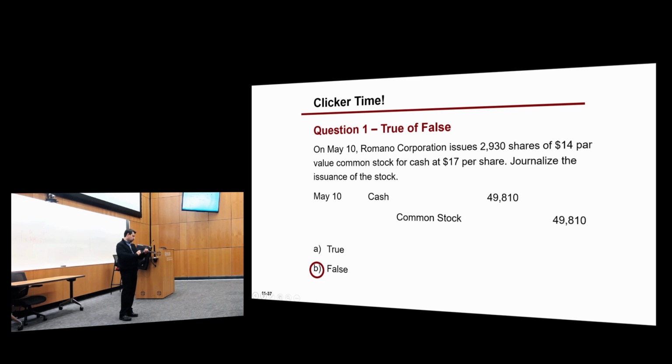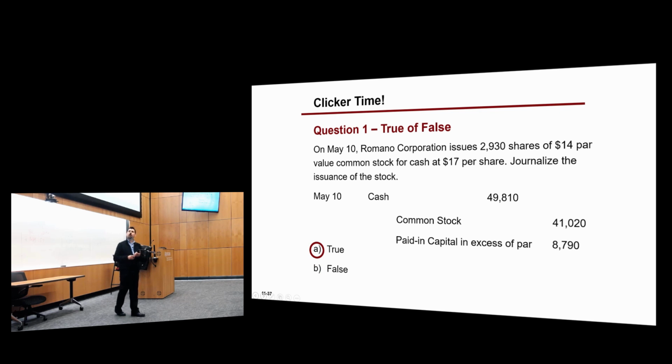So in this case, what we did was credit the whole amount to common stock. That's not correct. You need to credit common stock only at par value. The remaining is paid-in capital in excess of par, that's the correct answer.